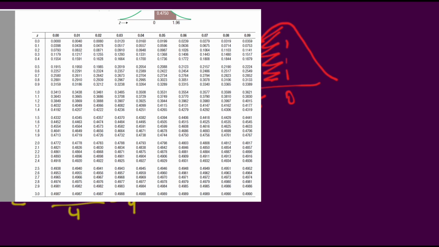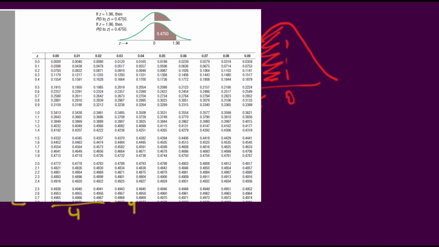So we know the normal distribution is symmetrical, right? This computerized version is more symmetrical than my hand-drawn ones, but they are symmetrical. And so what that means is that the likelihood of being between 0 and, say, positive 1.96 is the same as between 0 and negative 1.96, right? So going either direction from the mean gives us the same likelihood.